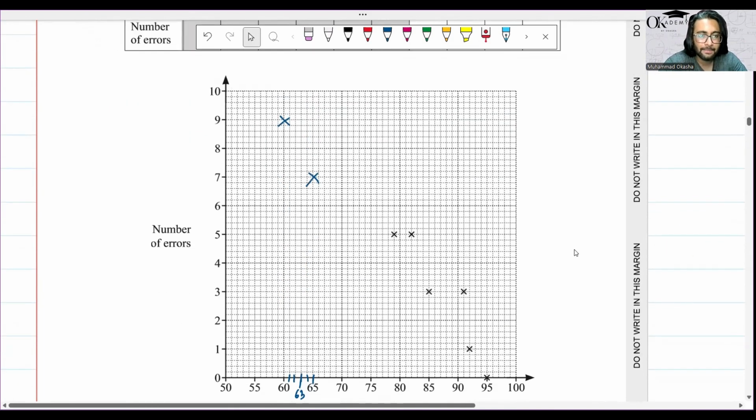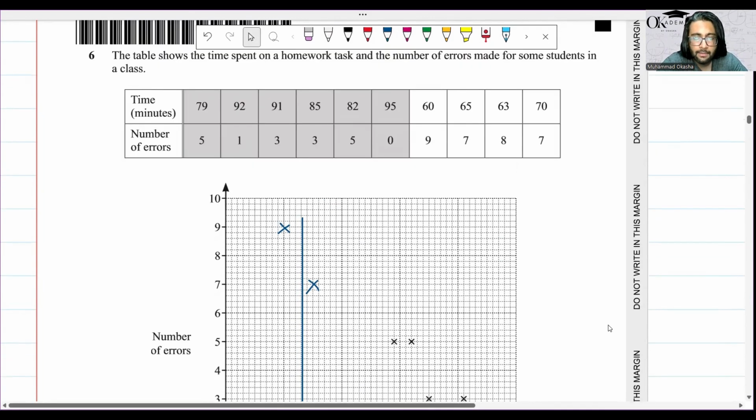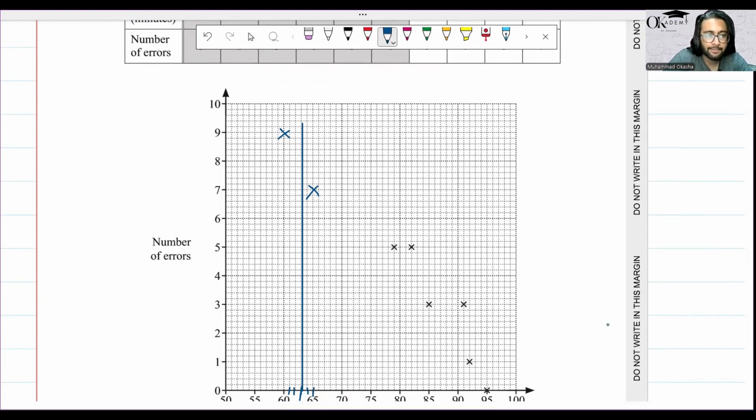Okay, so did we do this already? 63 minutes, I'll run a line through 63 and 8 errors. Sorry, I had to keep looking back at it. Here are your 8 errors.